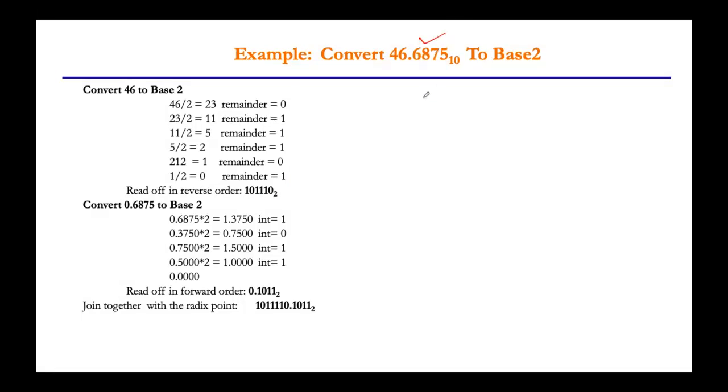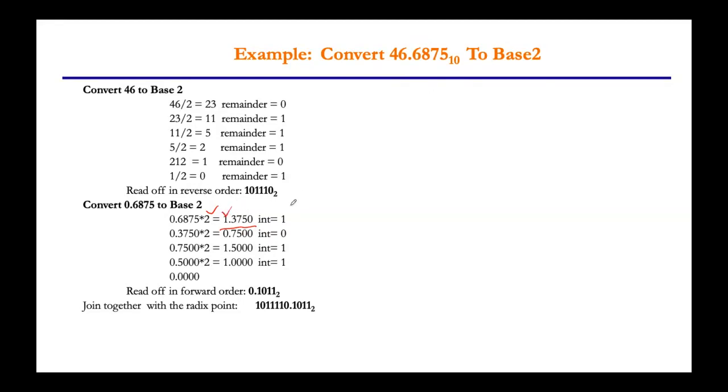To convert this decimal fraction into binary, multiply the fraction 0.6875 by the radix. From the result, consider only the integer portion. Here 0.6875 multiplied by 2 gives 1.3750. The integer portion is 1, so 1 will be considered. Next, this fractional number is multiplied by 2, which gives 0.7500.